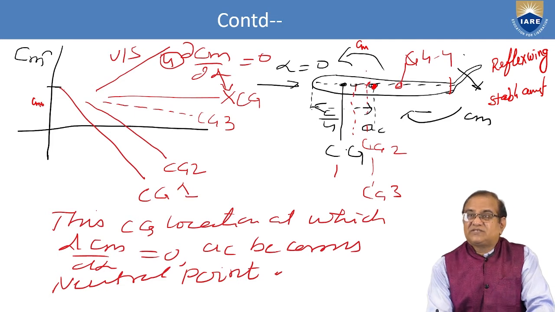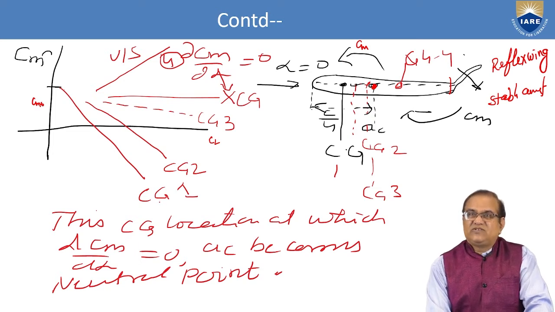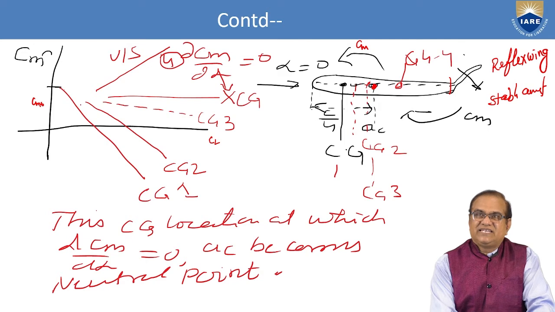Otherwise, if you see only this much, it is negative. So in the case 1, the Cm alpha of this is negative. So the plot 1 at the CG1 location is like this.